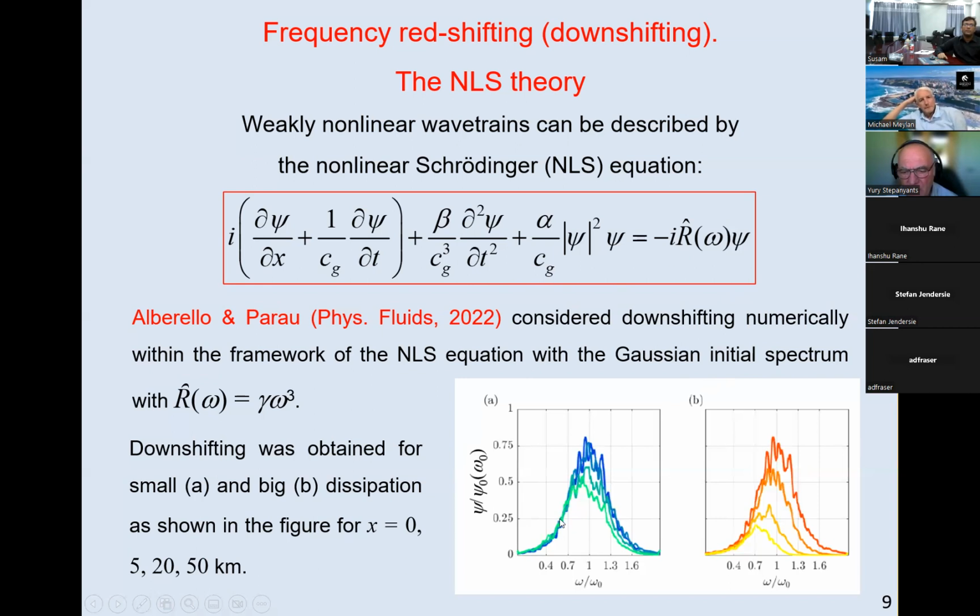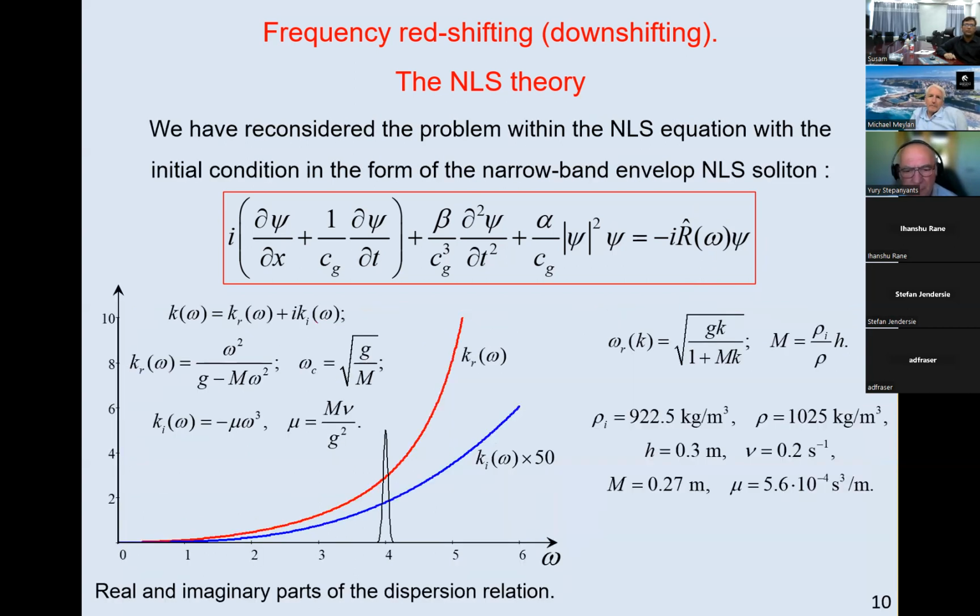But in this calculation, as you can see, the characteristic width of the spectrum was of the same order as the peak value of the spectrum. So actually, in such a case, this operator is inapplicable and should be replaced by another operator, which corresponds to the narrow spectrum.